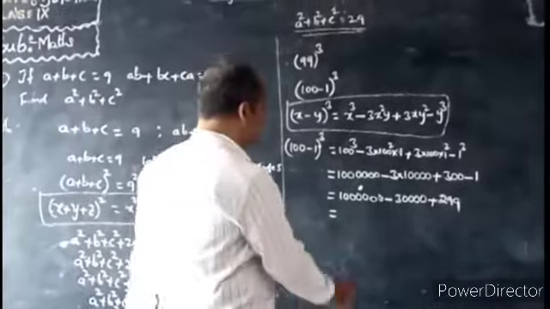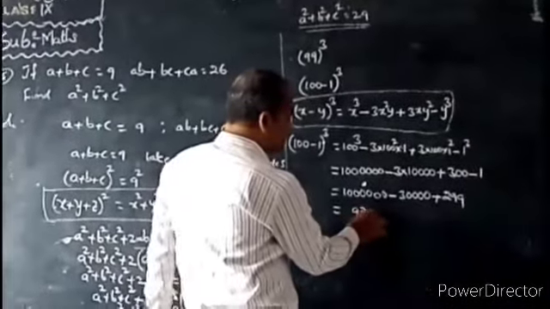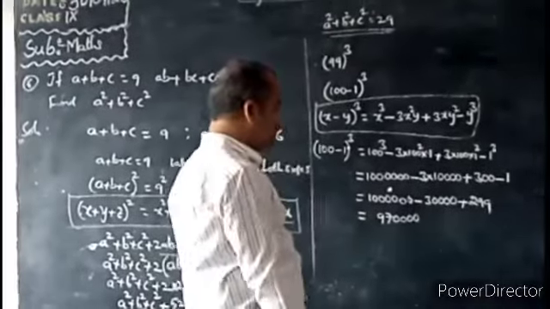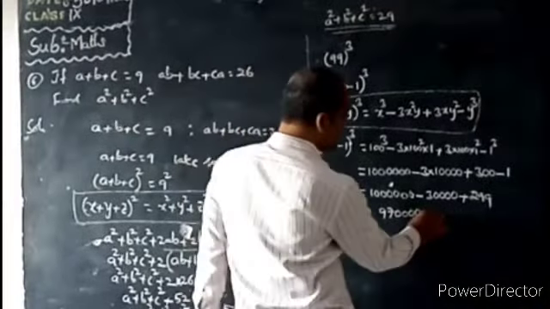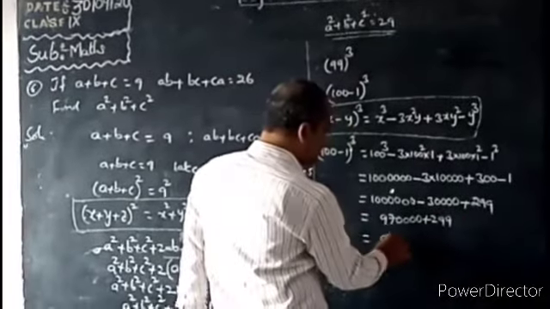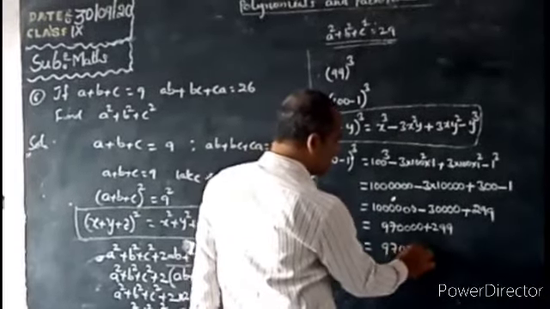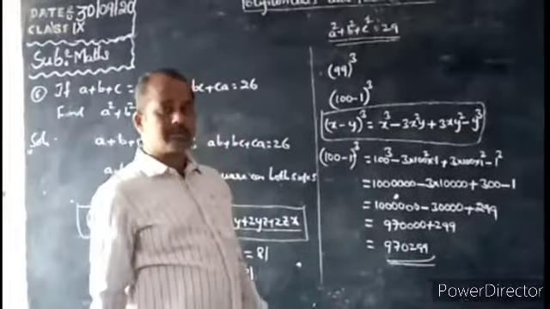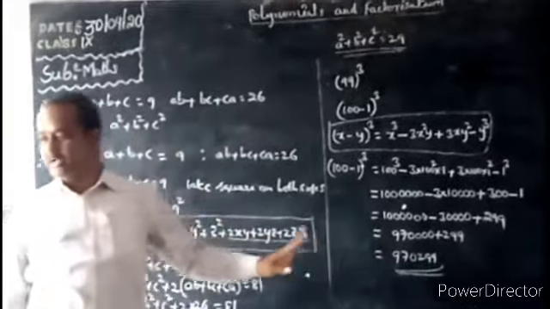It becomes 9 lakhs 70,000. Yes na? 9 lakhs 70,000 plus 299. Add it. 97,299. This is your solution without multiplying the number 3 times.